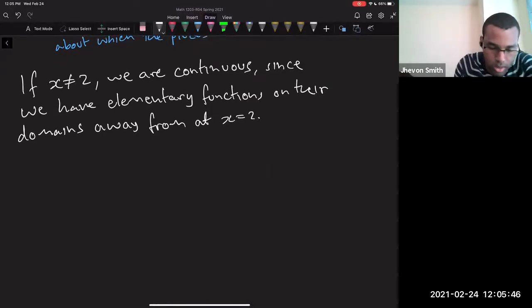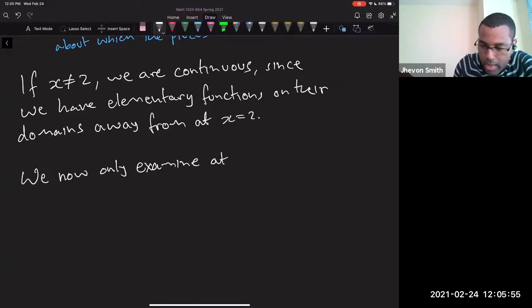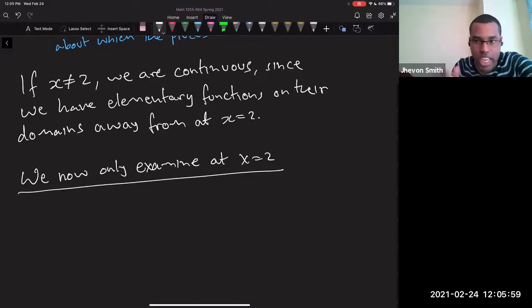So we now only examine at x equals 2. So now x equals 2 is the only thing I care about.